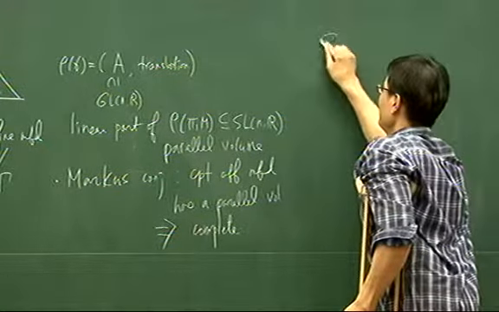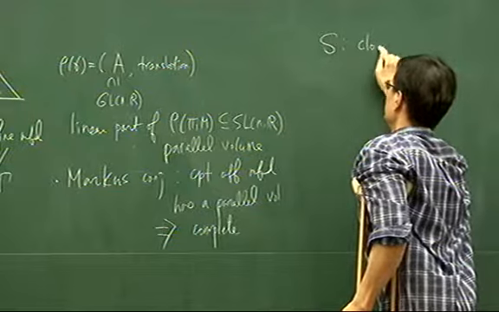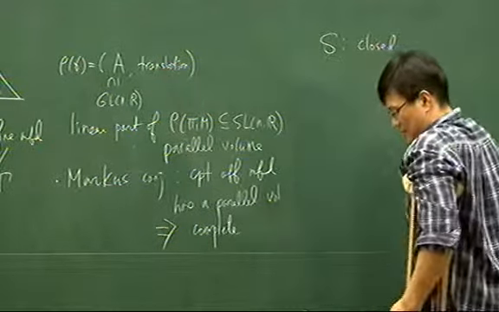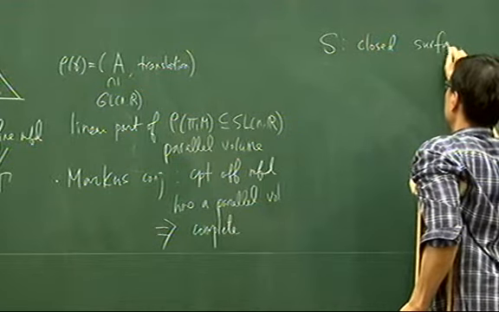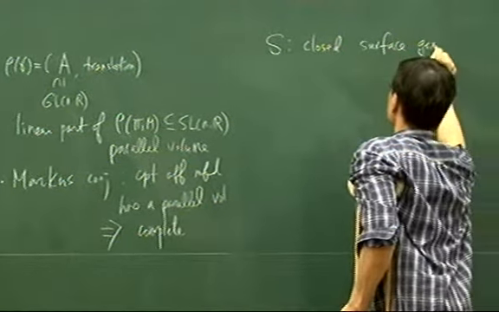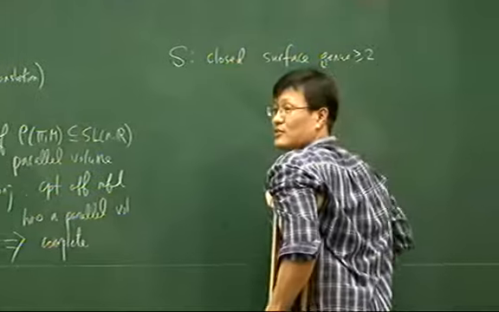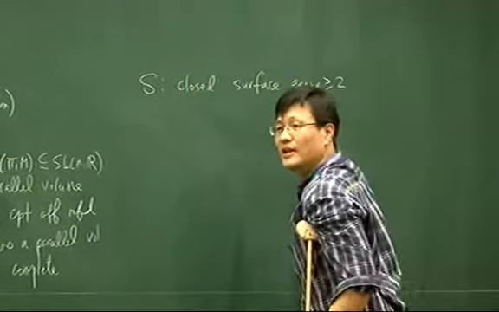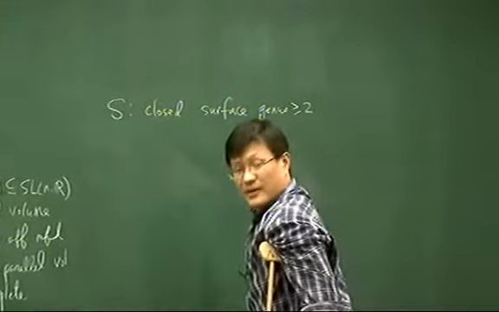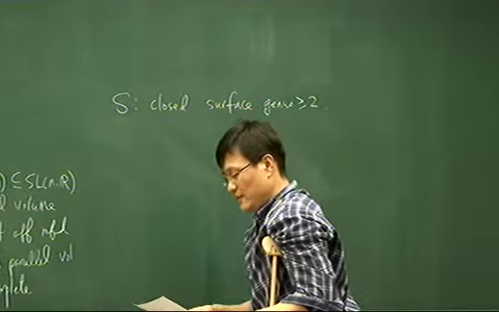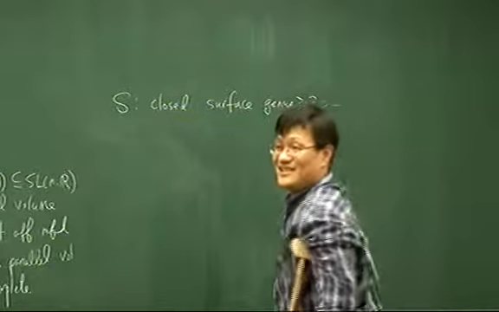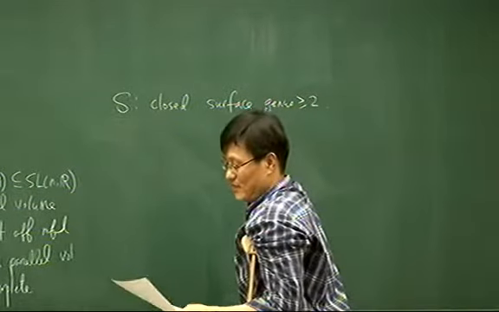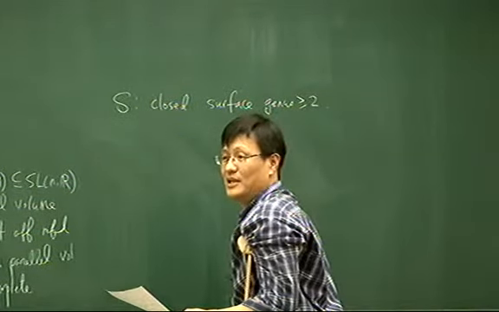So let me start again with hyperbolic geometry. Let S be a closed surface with genus at least 2. Then by the uniformization theorem, S has a complete hyperbolic metric.